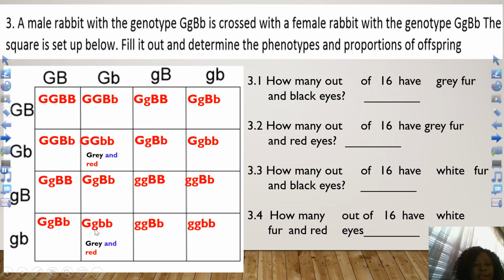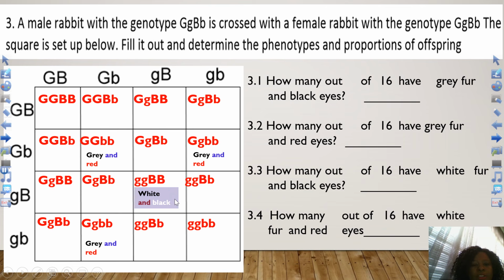That is also gray and red. This one is going to be white and black, because we have two small g's, which represents the recessive allele, which is white fur, and then the capital B represents the dominant characteristic, which is black.